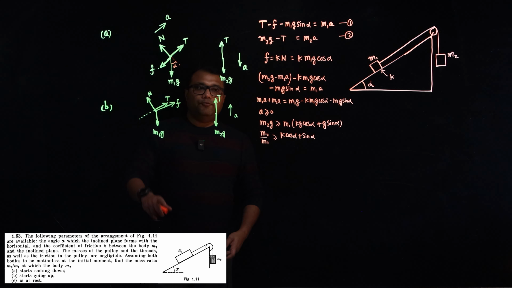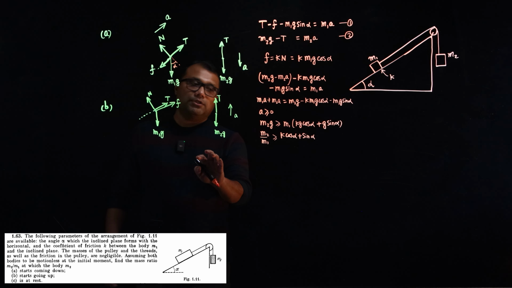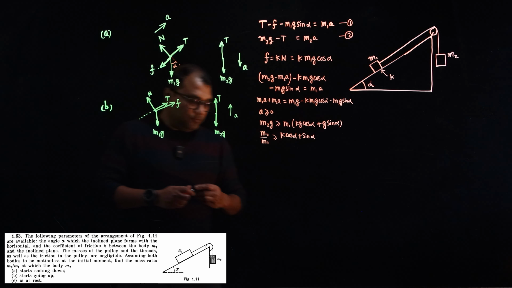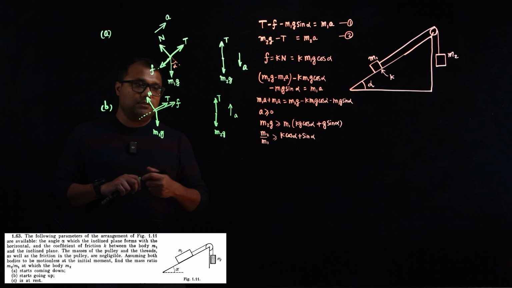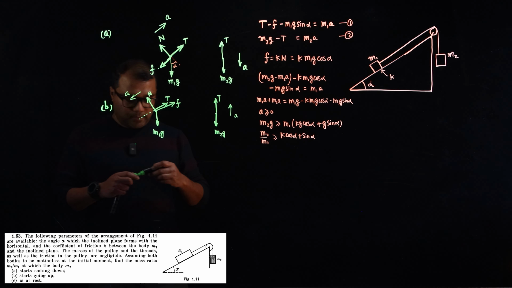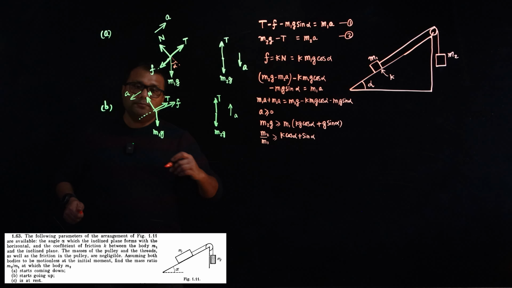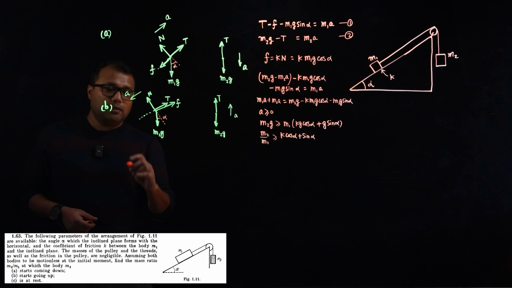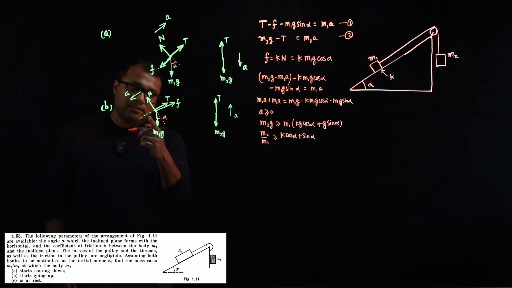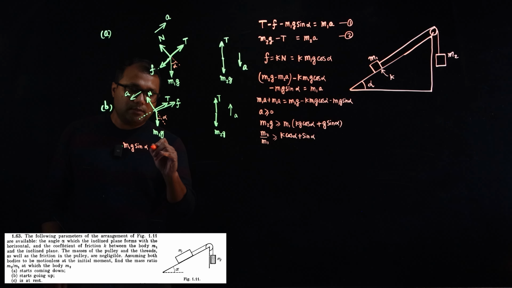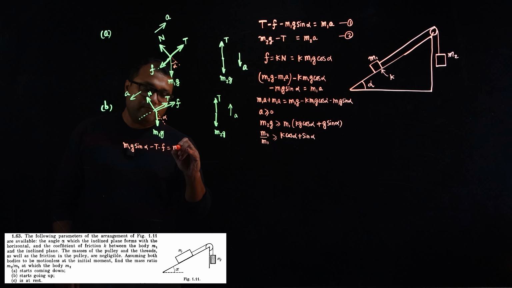So if I write the equations of motion, one more thing I should do is acceleration I have to show is this side. So now we can write M1G sin alpha minus tension minus friction is equal to M1A.